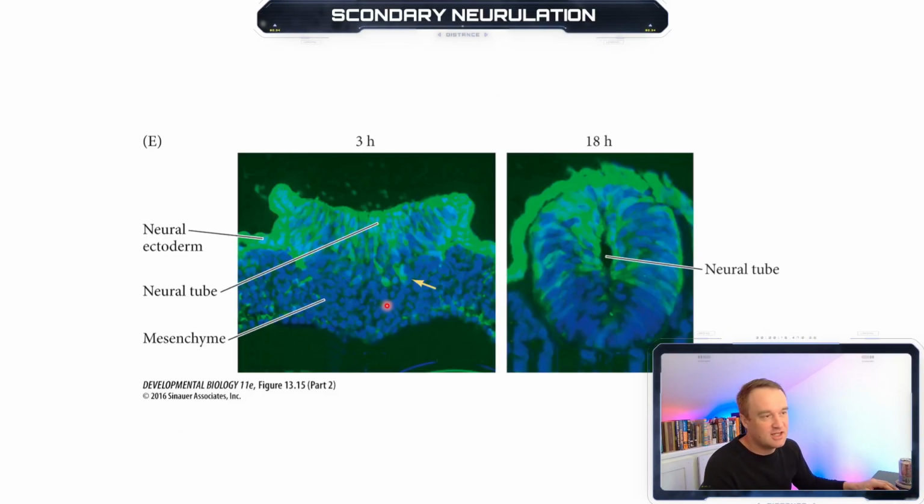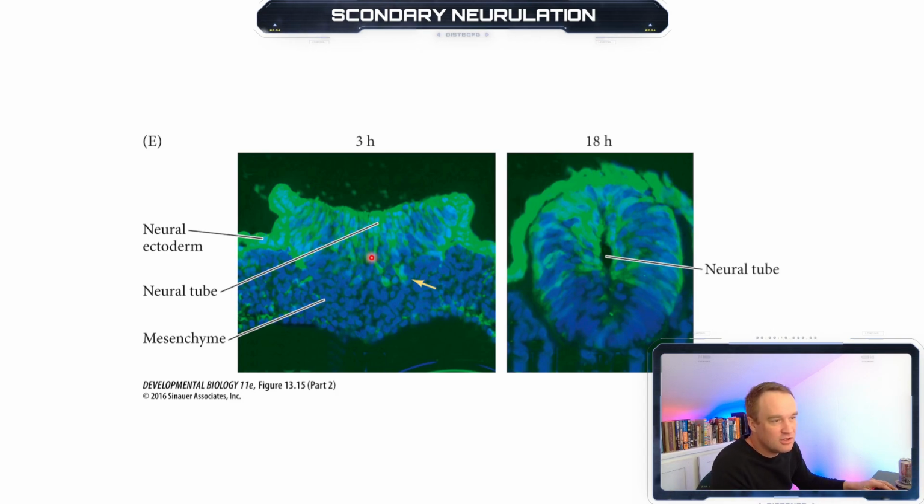And so here they've done, this is GFP stained. So we have blue, blue is DAPI, so the nuclei. Generally, whenever you see blue in these fluorescent images, it's DAPI, so it stains nuclei. And then the GFP here, superficial cells of the primitive streak are labeled with a cell permanent fluorescent green dye.